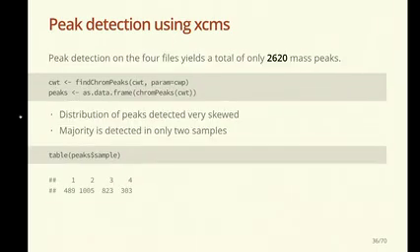So if we then do the peak picking on the whole data set, we get about 2,500 mass peaks, which is about what we would expect per sample. So not out of 4 samples, but per sample, at least for the data that I'm showing here. And you can also see that the distribution of peaks detected per sample is quite skewed. Most are only detected in sample 2 and sample 3, and not in sample 1 and 4.